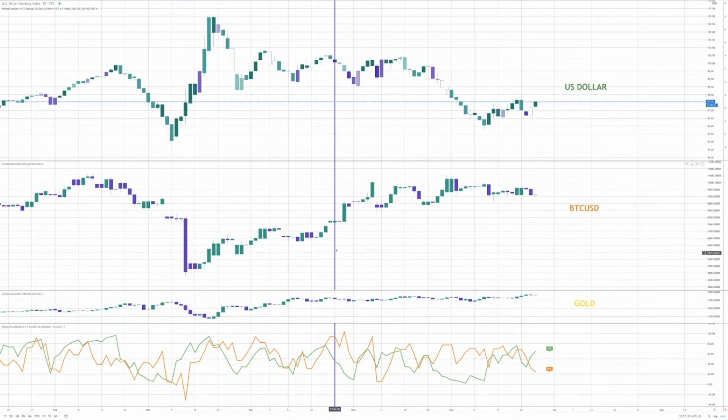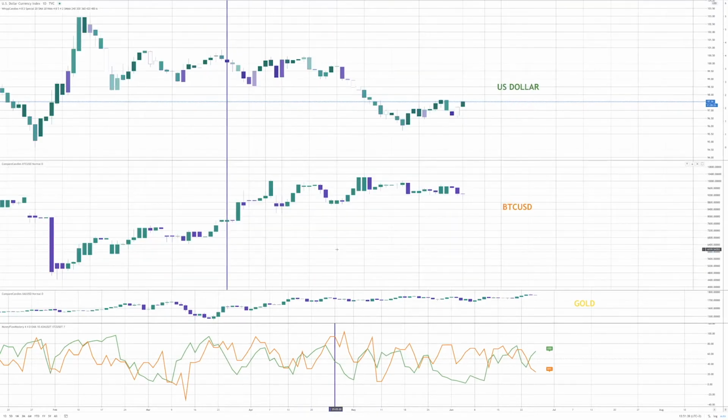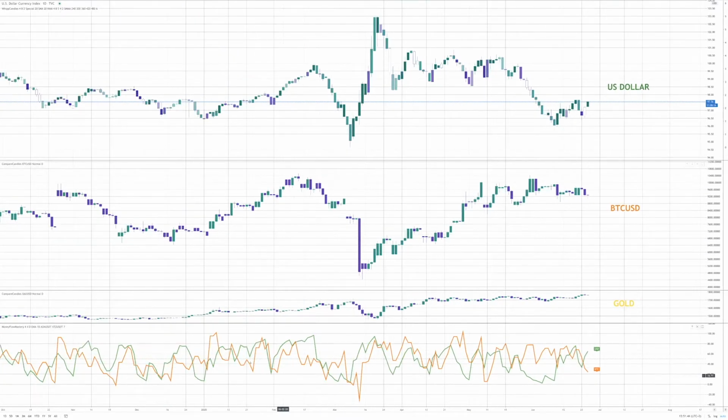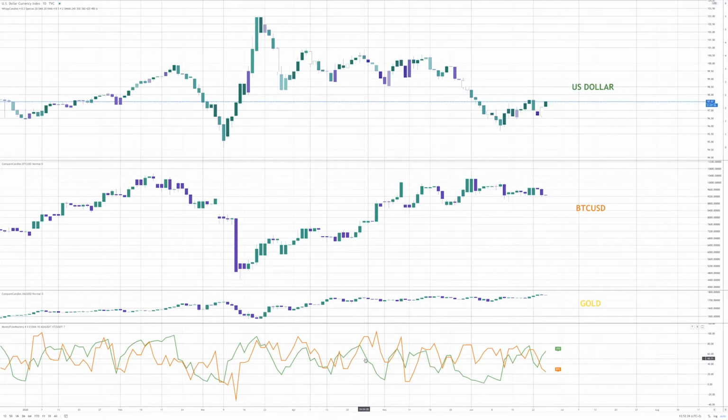So let's get rid of our vertical lines and indicate a place again where it was better to be in Bitcoin rather than dollar. Let's add our vertical lines. Okay, so this is where we were identifying that we should be in Bitcoin rather than US dollar.